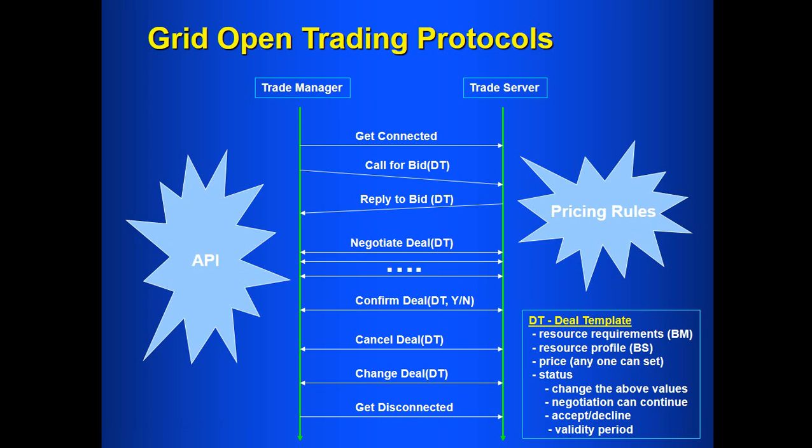Okay, the trade manager and trade server continue to negotiate with each other in several messages. Eventually, after reaching an agreement, both trade server and trade manager confirm the deal.